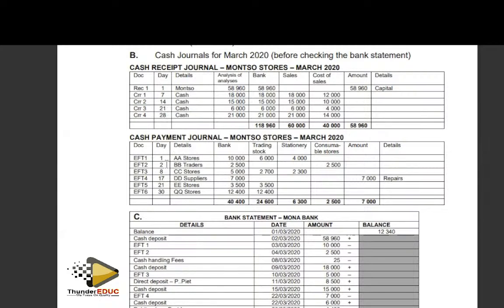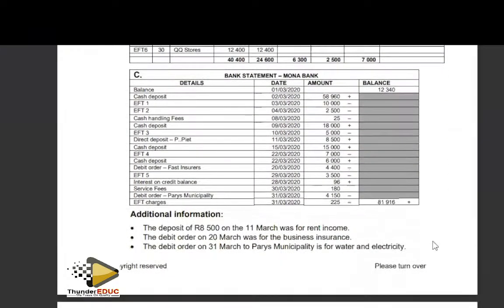Cash payments journal: 1st, 2nd, 8th, 17th, 21st, and 30th. Now, you've been recording this. As you record, the bank is also recording on its statement. Now, at the end of the month, you receive this statement from the bank. Now, what do you do?